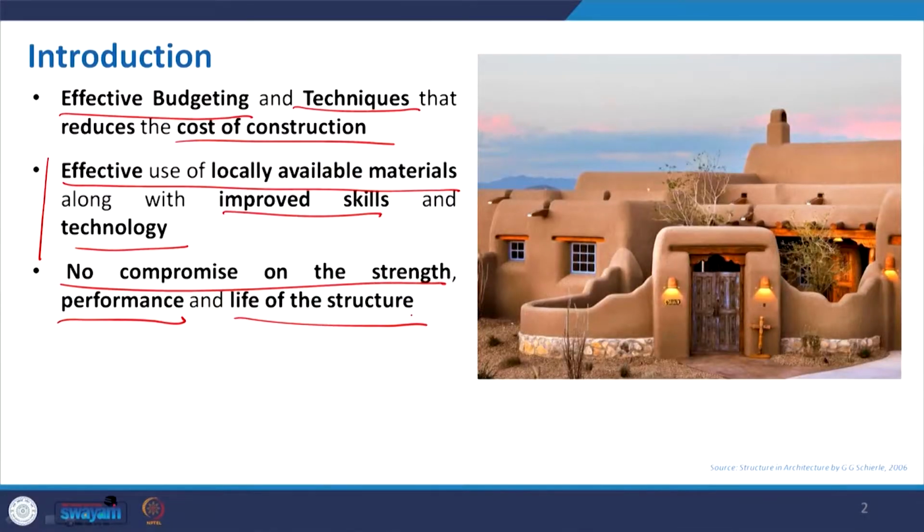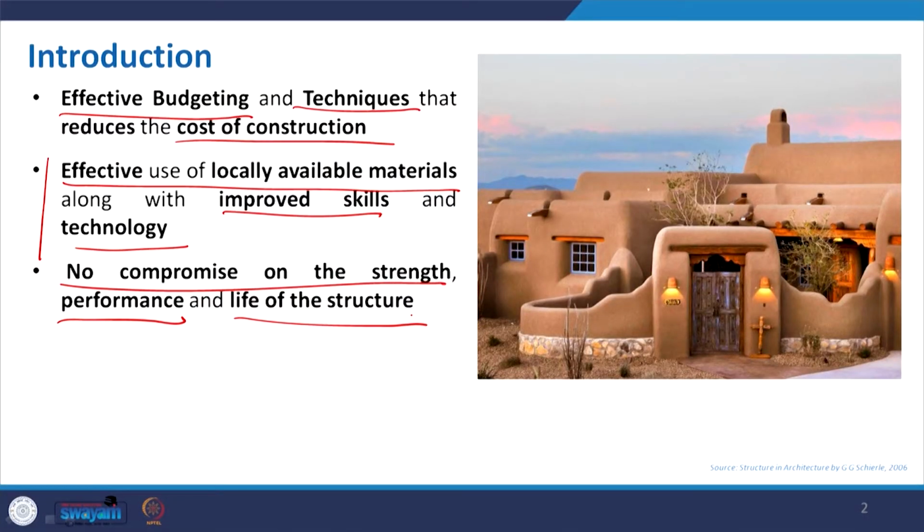So, in this case you can use the locally available material, you can improve that material and also improve the construction technology. You adopt some emerging technologies that we will discuss in this lecture, then probably that can give you a desired solution. Here you can see this structure is made with compressed mud.